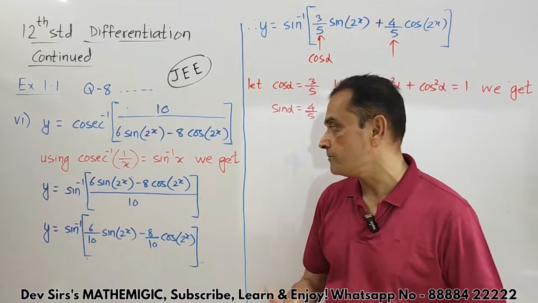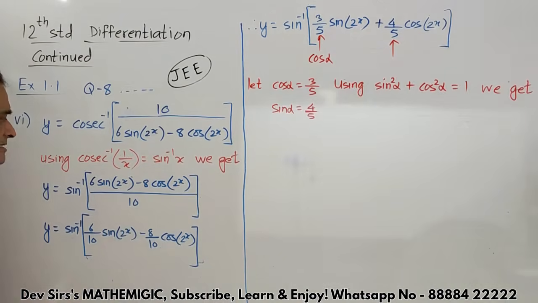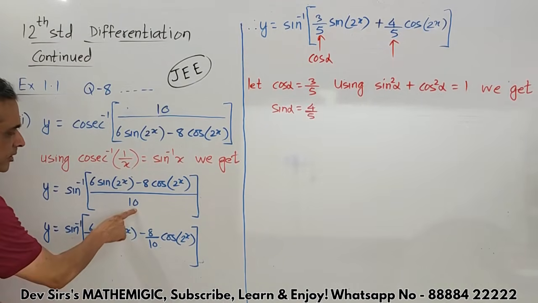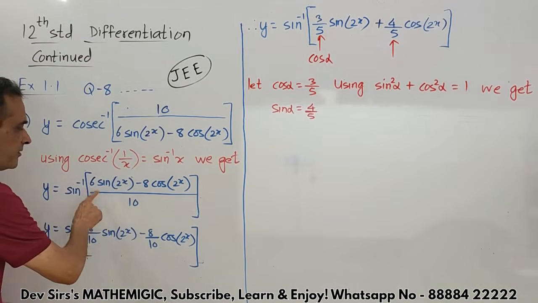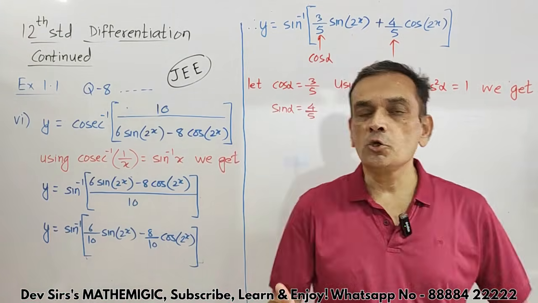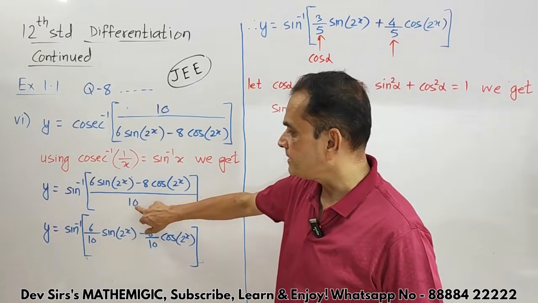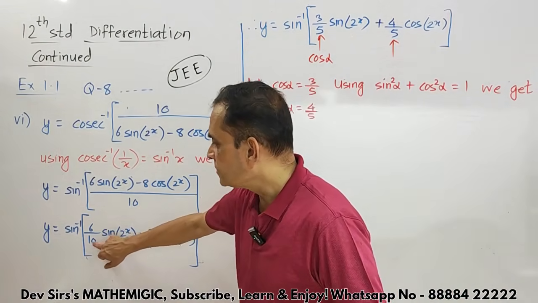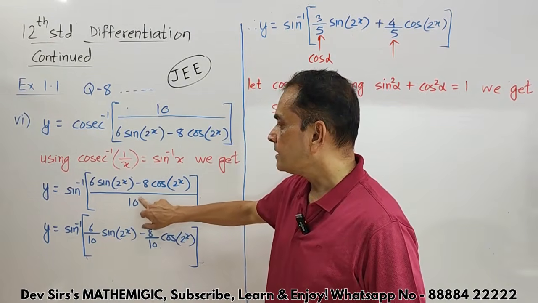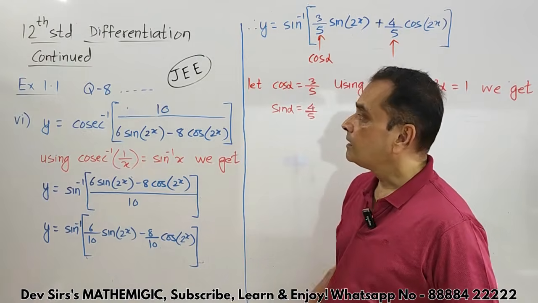Now what is the use of this? After converting into sin inverse, what is the use? There is only one term in the denominator, and when there are two terms in the numerator and one term in the denominator, you are allowed to separate out the terms. Means what? This 10 can be taken below 6. This 10 can be taken below 8. 6 by 10 and 8 by 10.